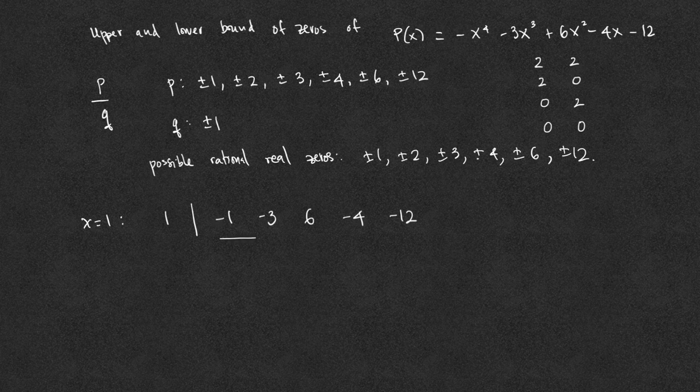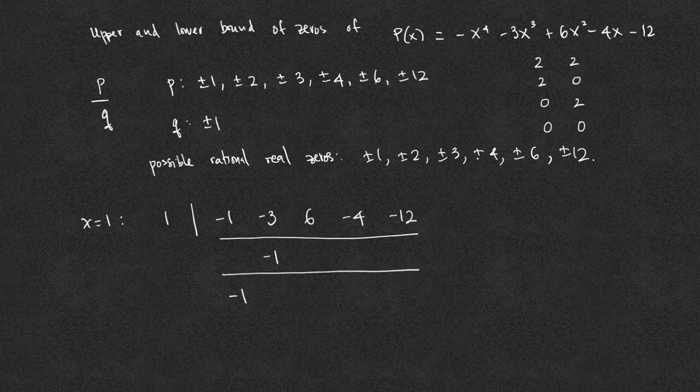To perform synthetic division, first we bring down the leading coefficient, negative 1, and then we multiply by k. Negative 1 times k, k is 1 in this case, is negative 1. Write the result in the next column, and then add the numbers in that column.